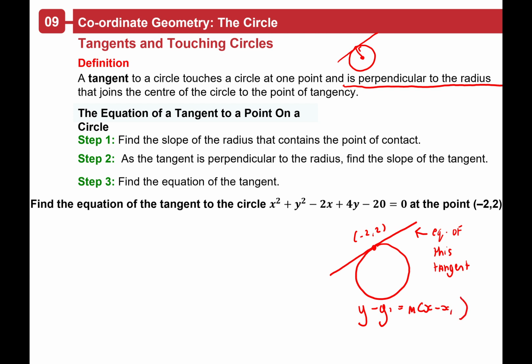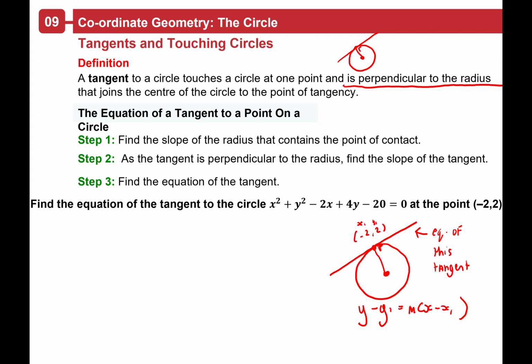So to find the equation of the tangent, we need a point on the line, which we have, but we also need to find the slope of this line. In order to find the slope of the line, we find the slope from the center to a point that's on your tangent, and because we know that the radius here is perpendicular to the tangent, we can find the slope of the tangent from that. Okay, so let's go ahead and work it out.